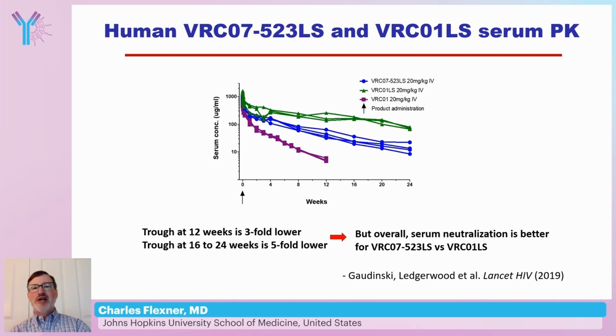Other than this LS mutation, these two antibodies are very similar except for changes in their hypervariable domains. And what this is telling us is that we still have an awful lot to learn about how these FC receptor mutations impact the pharmacokinetic properties of these antibodies.